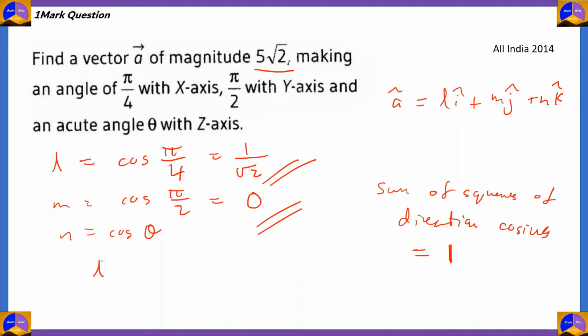So L squared plus M squared plus N squared is equal to 1. That'll be 1 by root 2 the whole square plus 0 whole square plus N squared is equal to 1. Now 1 by root 2 the whole square becomes 1 by 2, plus 0, plus N squared is equal to 1.